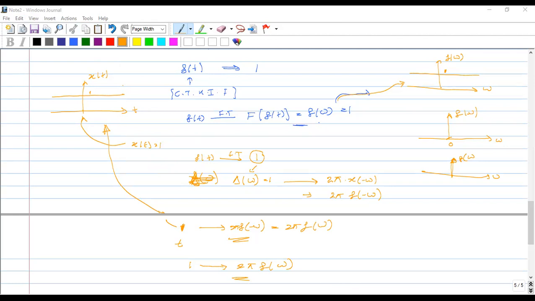So we have done this one. We will try to evaluate this kind of function. x(t) is equal to e to the power j omega naught t.